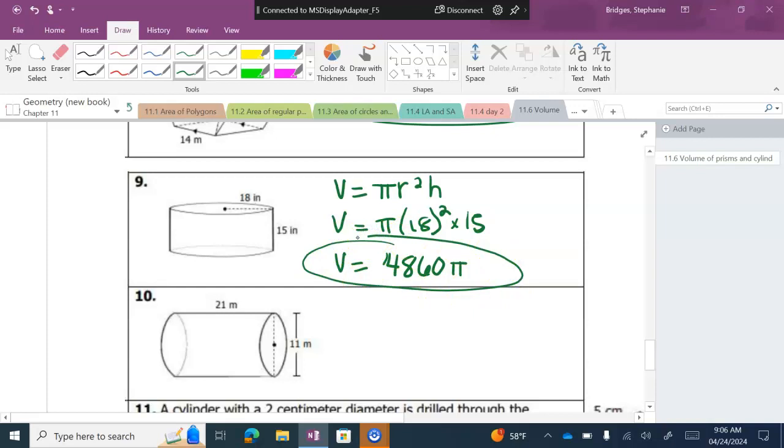4,865. Yes, no, maybe. You good? You understand that one? Okay. All right, try 10. You don't have your radius though, so you're going to have to figure out your radius first. This time you're given the diameter.